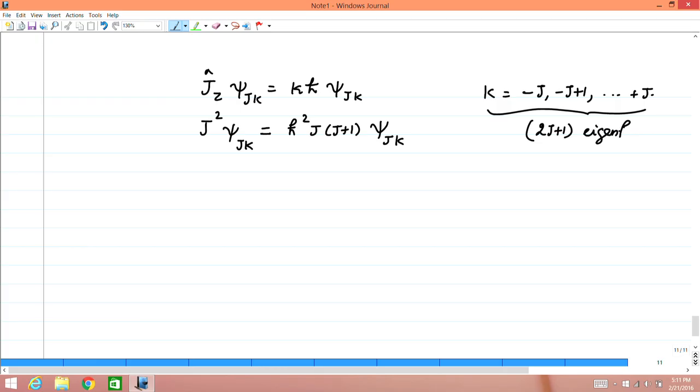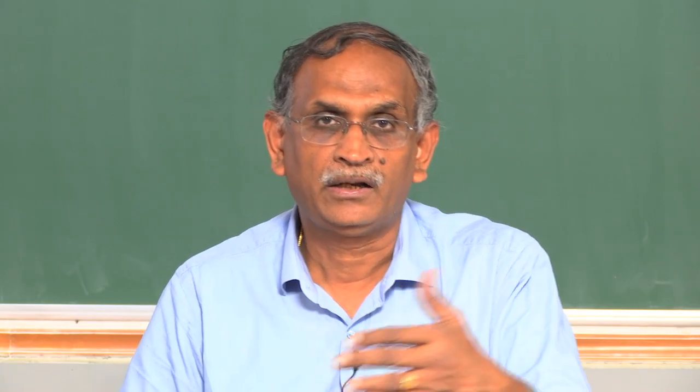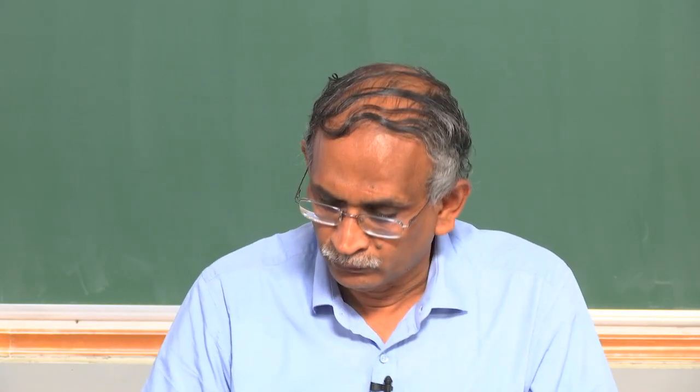This was also mentioned in the last lecture when I talked about the bracket notation |J k>. These are psi J k. So, there are 2J plus 1 eigenfunctions, and this is important because this differentiates the spectroscopy in principle of a symmetric top from that of a linear diatomic molecule.